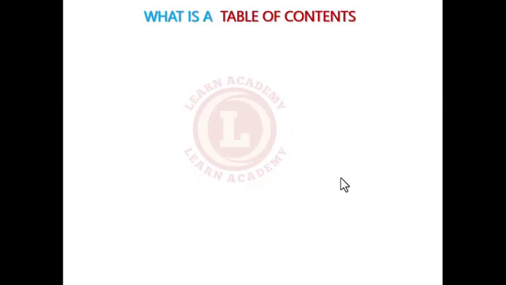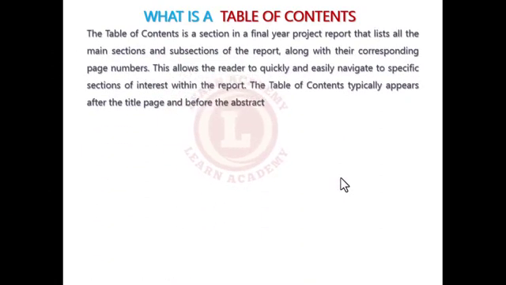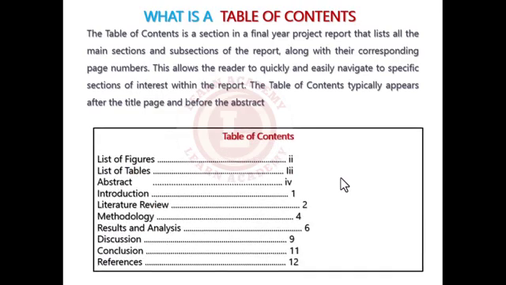Next section we'll be looking at is the table of contents. The table of contents is a section in a final year project report that lists all the main sections and subsections of the report along with their corresponding page numbers.